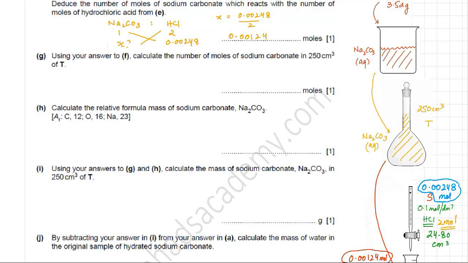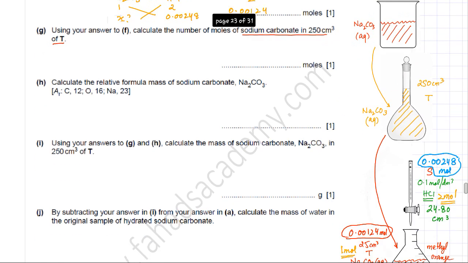Now moving to part G, which states that using your answer to F, which is the previous part, calculate the number of moles of sodium carbonate in the 250 cm cube of T. So this 250 cm cube T is the original sample of T that we made over here. This is the 250 cm cube solution of aqueous sodium carbonate.